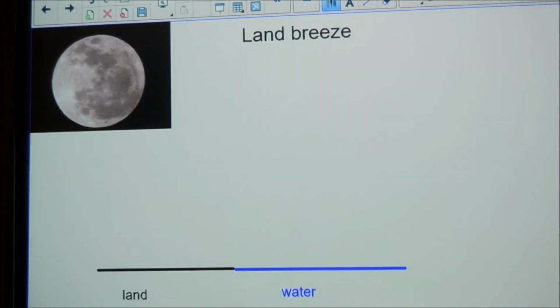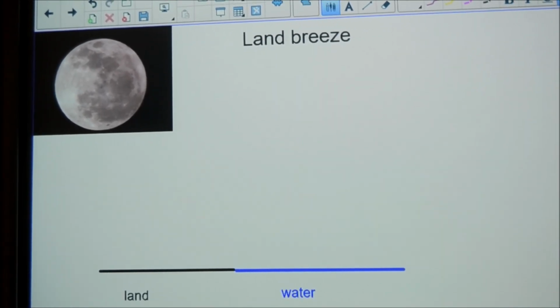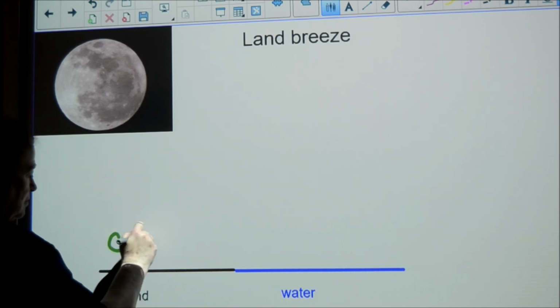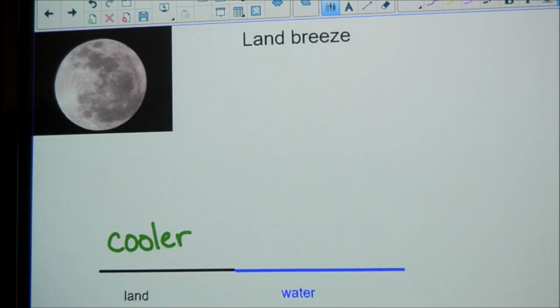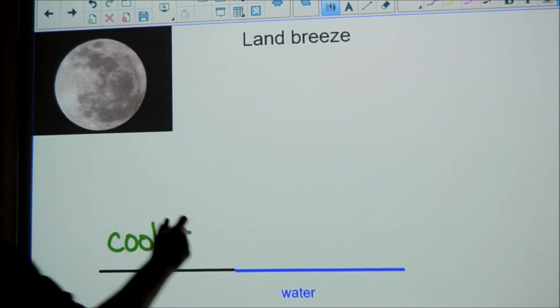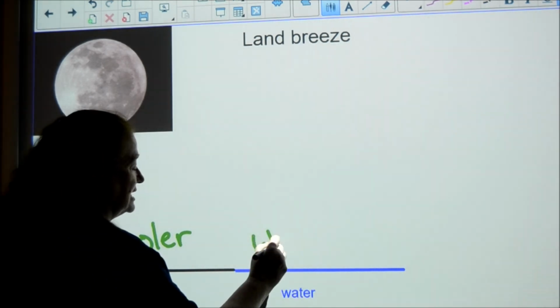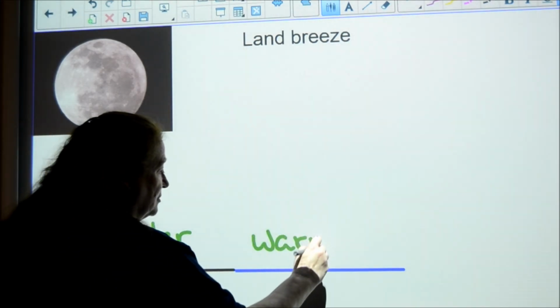Land has lower specific heat, so it will radiate off heat quicker. So during the night, the air above the land is going to cool down. The water, having a higher specific heat, takes more energy and time to lose that heat. So that's actually going to retain its temperature. So it's going to be warmer at night.